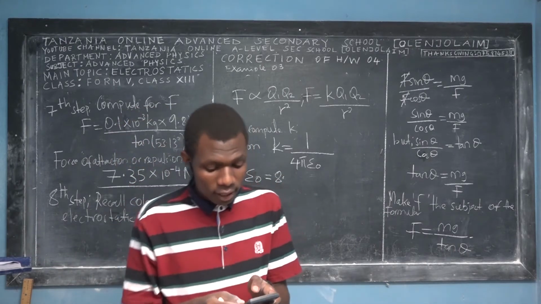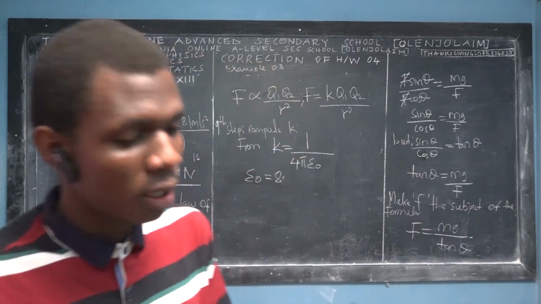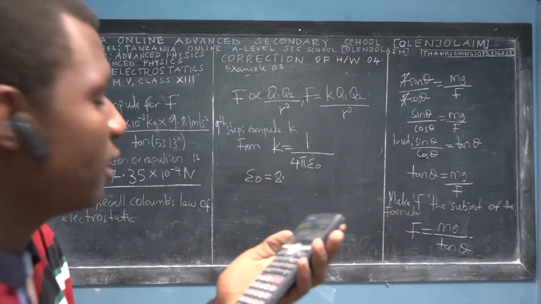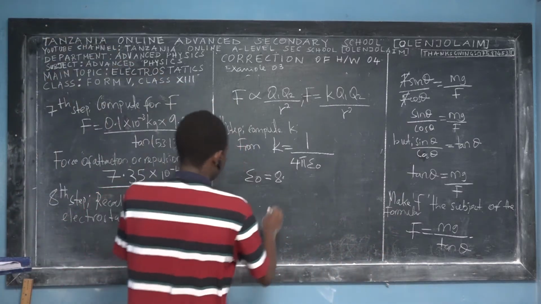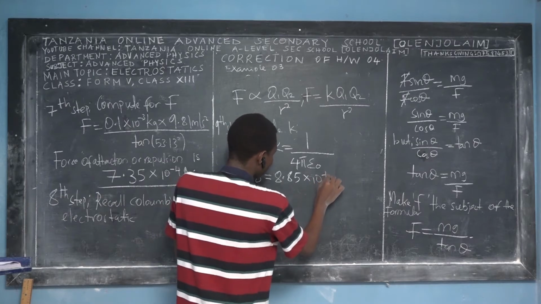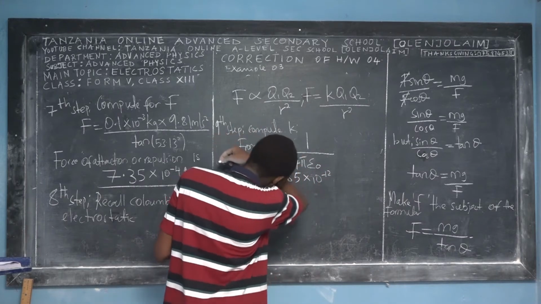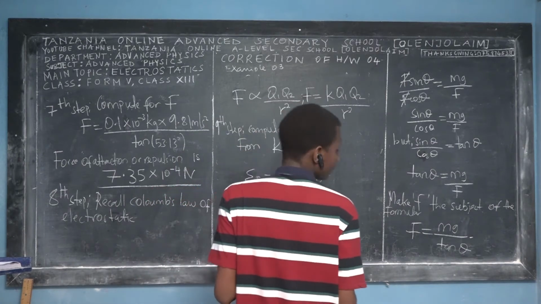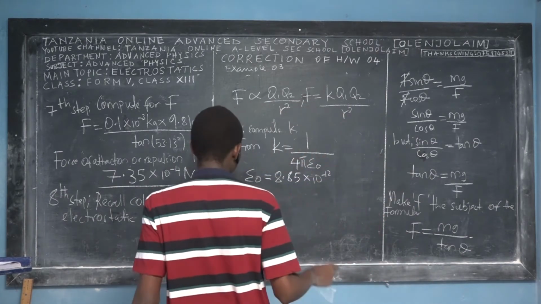Look on your scientific calculator, constant 32, this one, is equal to 8.85 exponent negative 12. The bad effect of scientific calculator, it does not give you the SI unit.